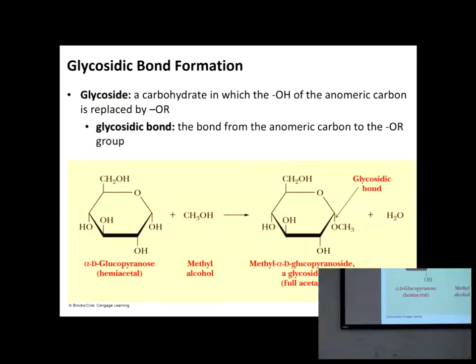Okay, so tell me, if it's an aldose, the anomeric carbon will be carbon number 1 or 2? 1. If it's a ketose, it'll be carbon number 2. Ketoses are always going to be the second carbon. There's no ketone in the middle. Okay. All right.